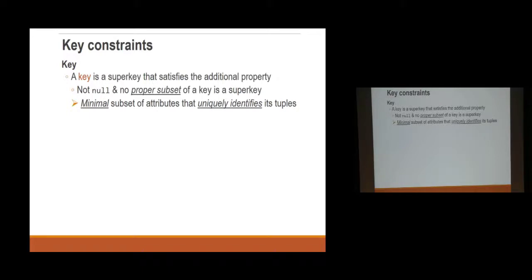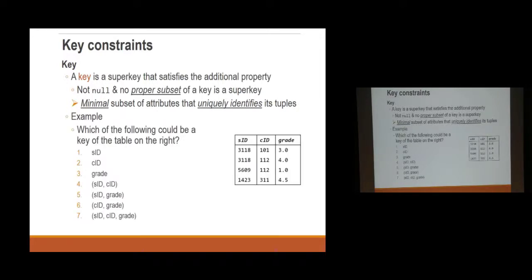So here is the same question again. How do we find out which one it is? We know that these two are not keys, and we have already established that at least these two are super keys. So we can now say that anything that contains grade cannot be a key because it is not minimal.